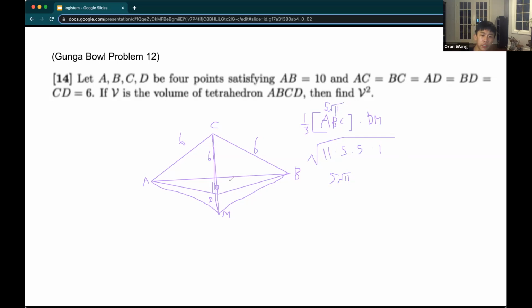And then to find DM, we know AD, and we know that AMD is a right triangle. So if we can get AM, then we'll know DM. And AM is easy to find since it's the circumradius of triangle ABC. For any triangle, the circumradius is the product of the 3 sides divided by 4 times the area.